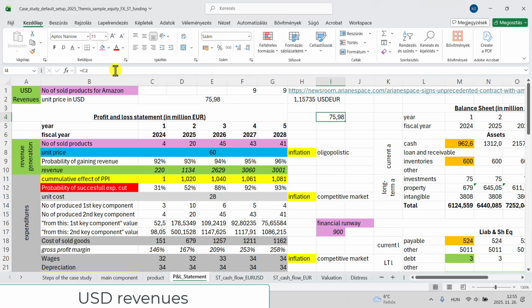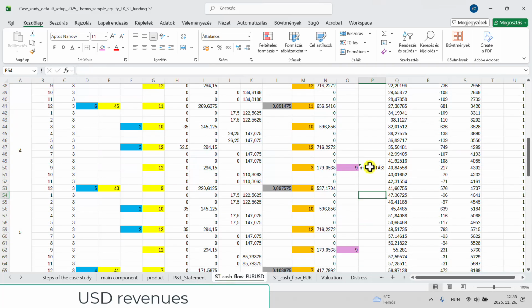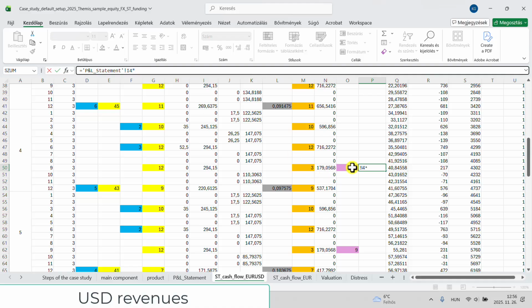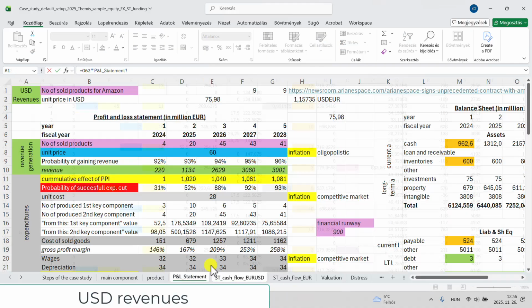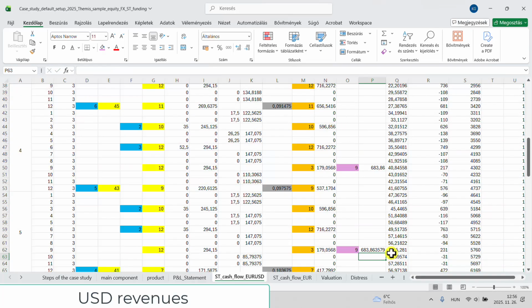Yeah, you can copy it. So, finally. Then, let's multiply it with 9. I'll also multiply this number with it.